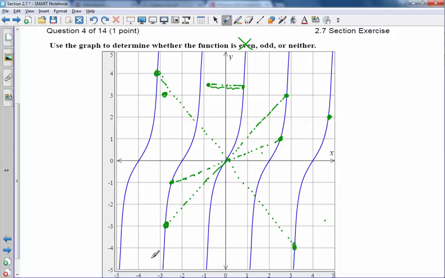Okay, I did 3 trials. I'm convinced. This has origin symmetry. Agree? So this is an odd function. Does it make sense? Do you want to take a 4th, 5th one? Yeah, you can do that.